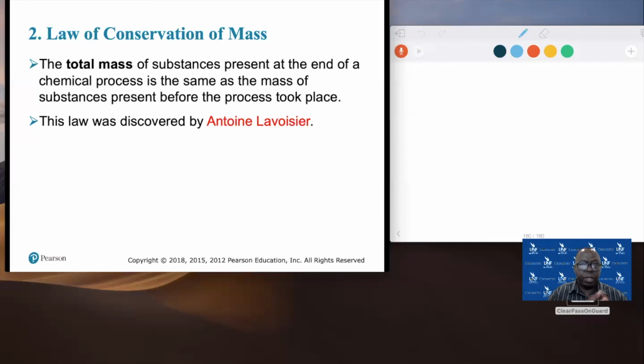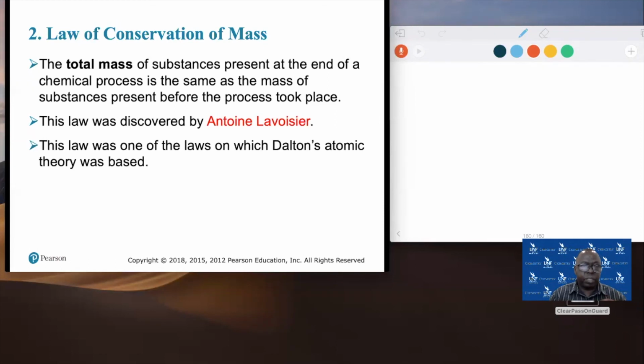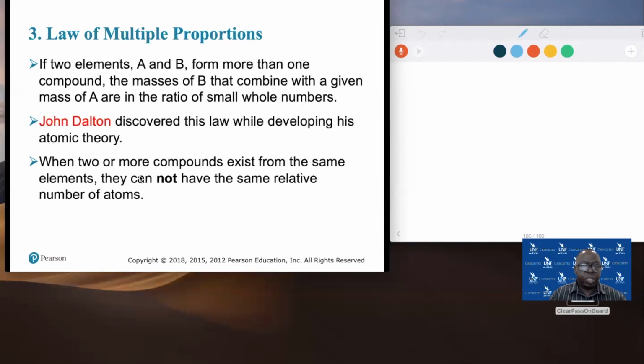Every time he decomposed calcium carbonate, he ended up with an equal amount of mass, the law of mass conservation. This is based on the fact that matter cannot be created or destroyed, and it has to do with the atom. So these three laws, the law of multiple proportion, the law of definite composition, and the law of mass conservation, Dalton used to propose his atomic theory.